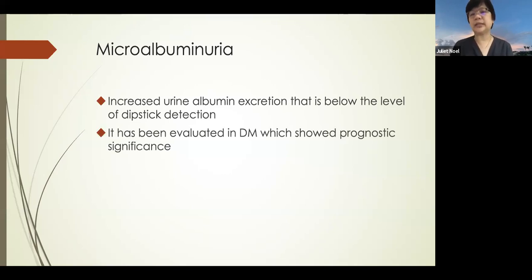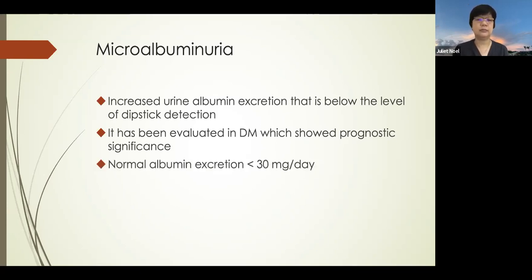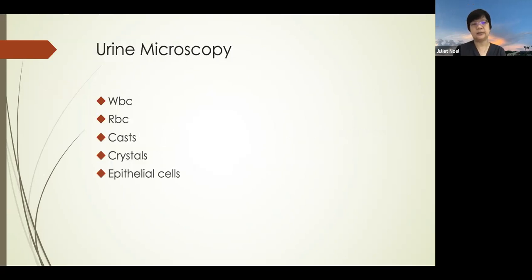It has been evaluated in diabetes mellitus and showed prognostic significance. The presence of microalbuminuria would mean endothelial dysfunction, so it pertains not only to kidney function but also to the heart, the entire endothelial function. Normal albumin excretion is less than 30 milligrams per day.